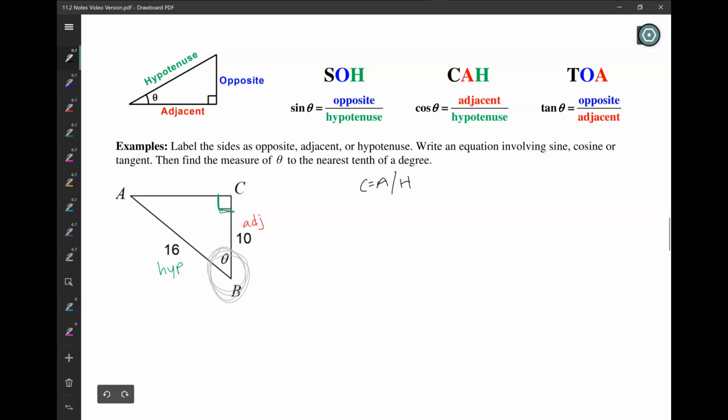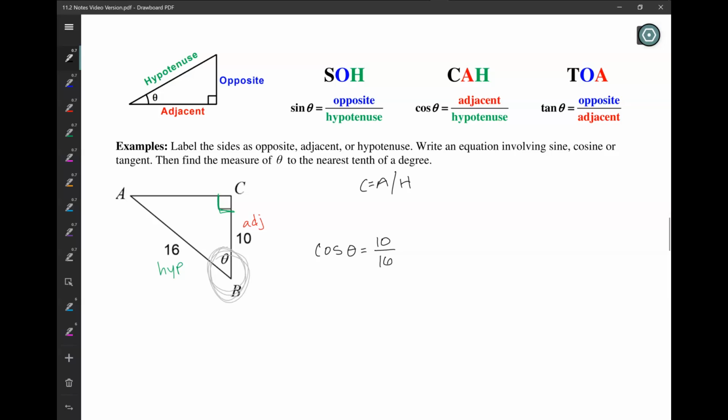And remember, the middle letter is what's going to go on top of the fraction. So the cosine of theta is going to be the adjacent side, that's 10, divided by the hypotenuse, that's 16. So there's my equation.